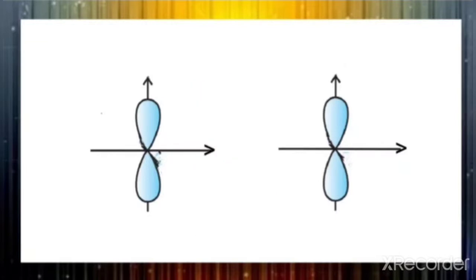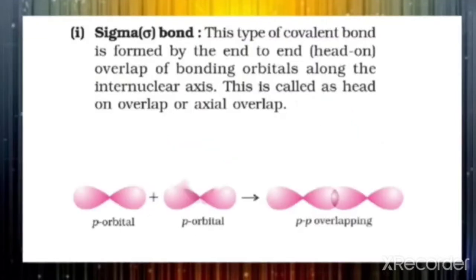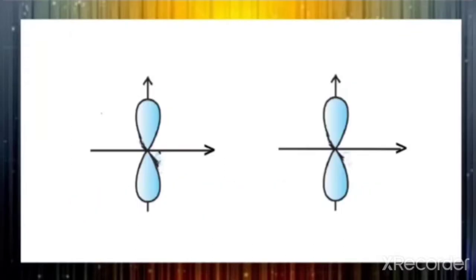In this case there is no possibility of head-to-head overlapping, so the overlapping is sidewise. This results in the formation of a pi bond.